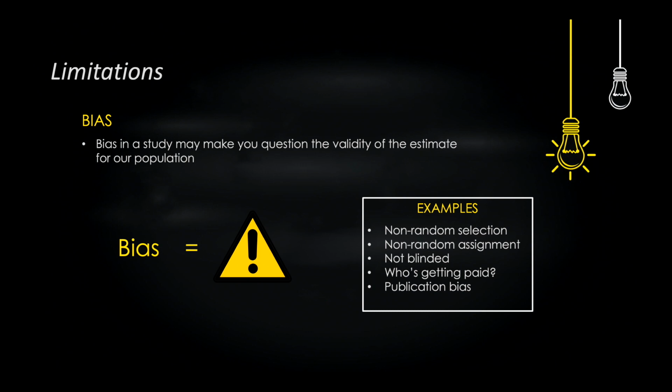Who's getting paid? What if the drug company is paying for the study? The researchers are more likely to want to publish positive results, and there's publication bias. Many people in academia get promotions based on being published, and it's harder to publish negative results. So there's some kind of push to maybe publish positive results and maybe skew the data a little bit so that they look positive. Those are things that you should look for when you're looking at healthcare research.